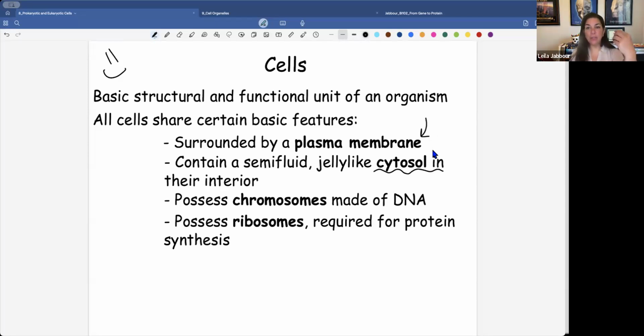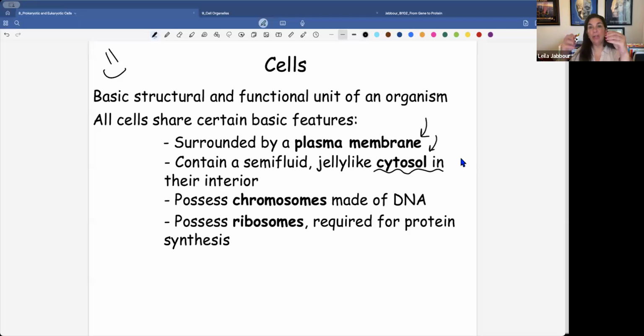And we talk about the cytosol. So the cytosol is that liquid portion, the fluid portion. It could be more jelly-like or more fluid-like, depending on the environment and the cell, but it's still a fluid. And we call it the cytosol.